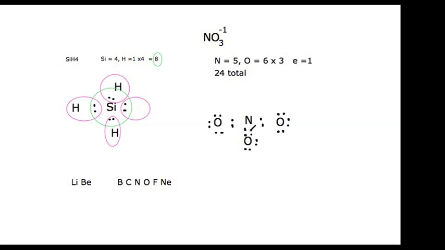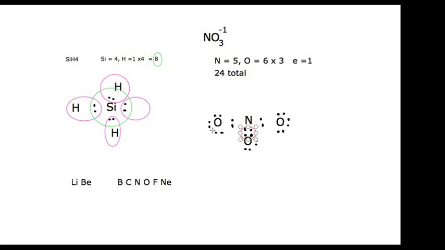I can't put the bond someplace else. Okay, so this area is a double bond. This is a double bond in here. So there's 2 bonds, and there are 4 electrons there.